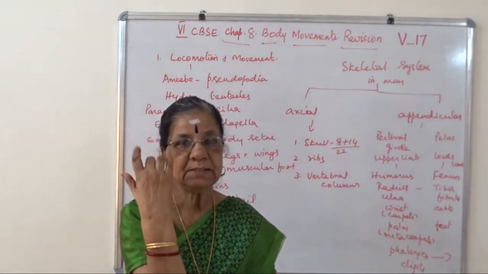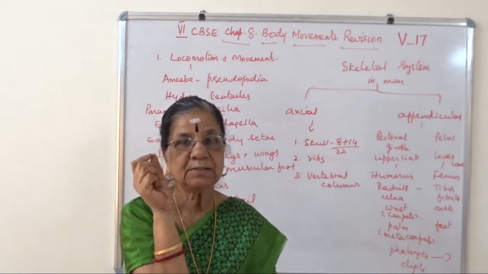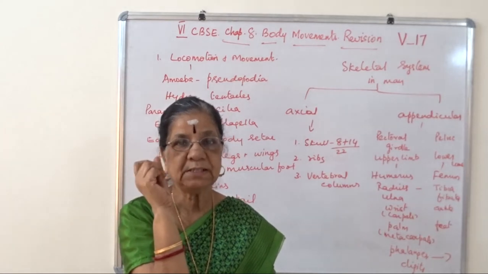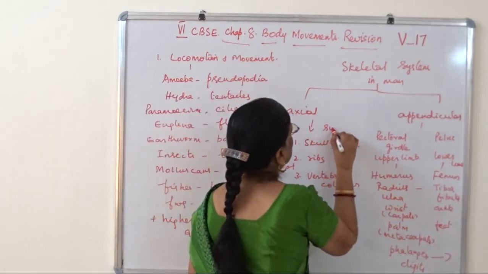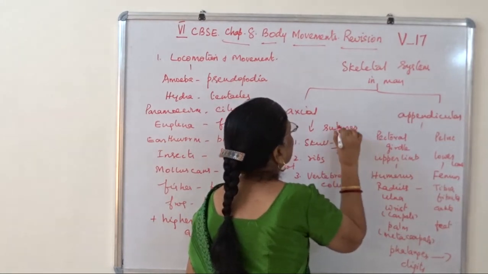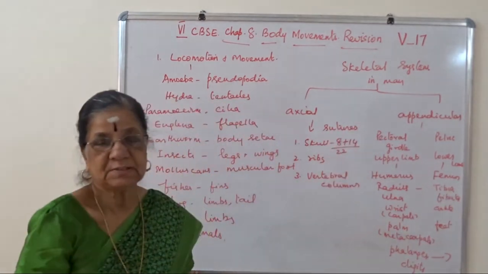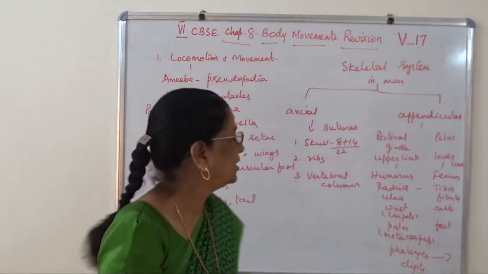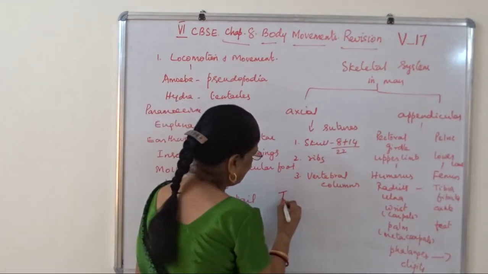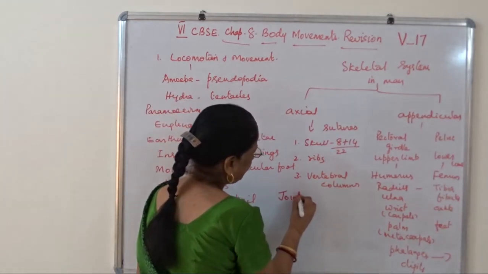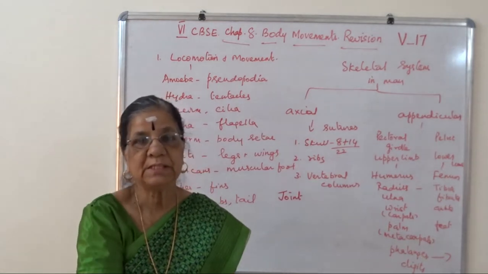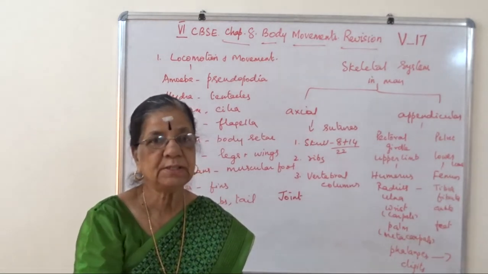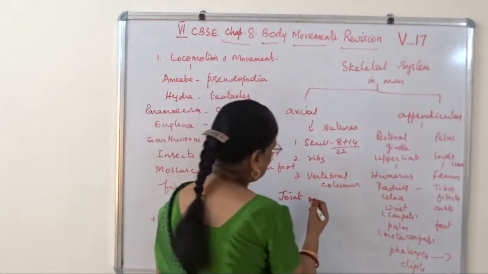Right? And then the skull bones are attached to each other and they are joined with the help of sutures. It's called sutures. Right? And then we come across a term joint. Joint is a place where two bones meet, and at this joint they are attached to each other.